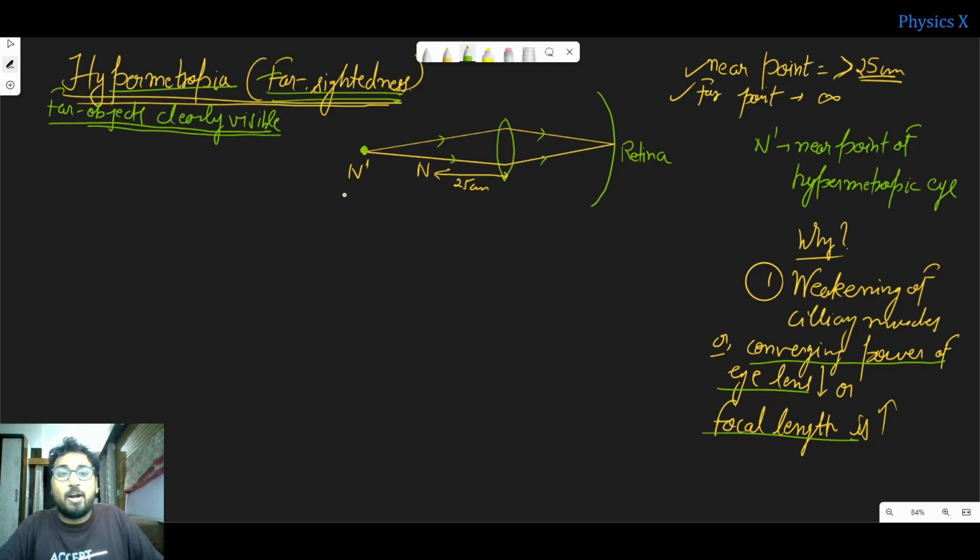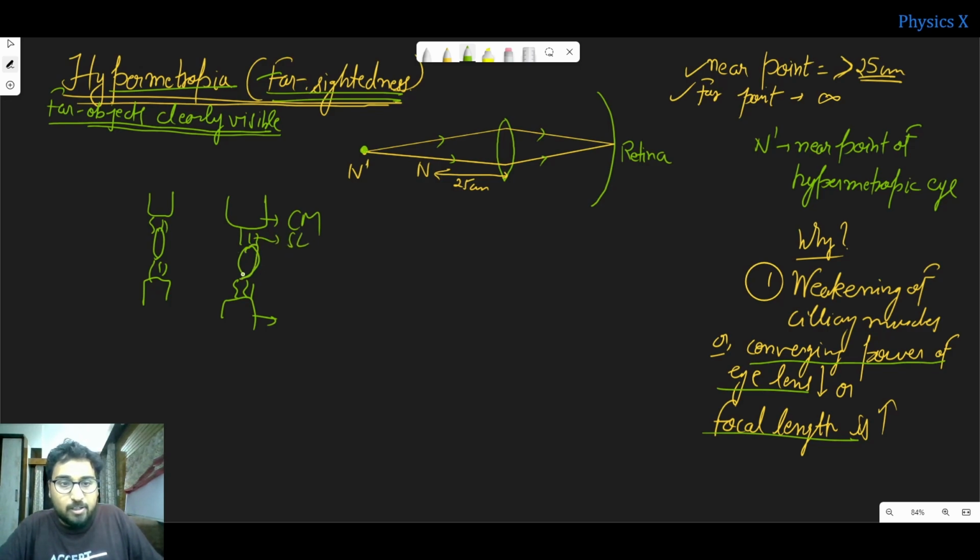But now what happens? These ciliary muscles must compress like this so that the lens becomes thicker, but they are not able to. Okay, this is your ciliary muscles, and this is your suspensory ligament.